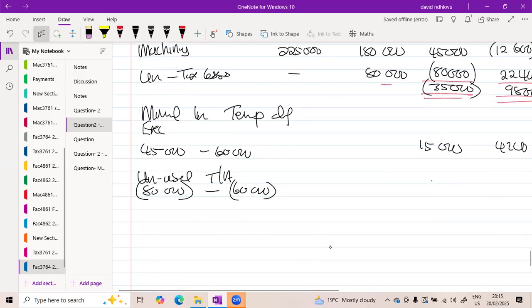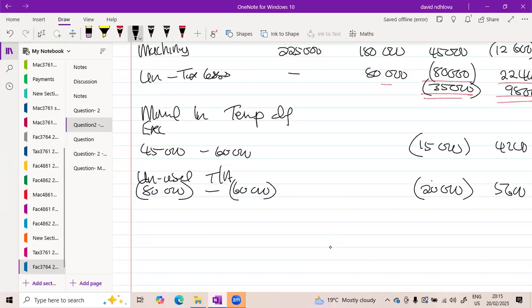Right, so that's going to be a negative amount of 20,000. This one is negative. And that should give me 5.6, 20,000 by 0.28. That gives me 5600.